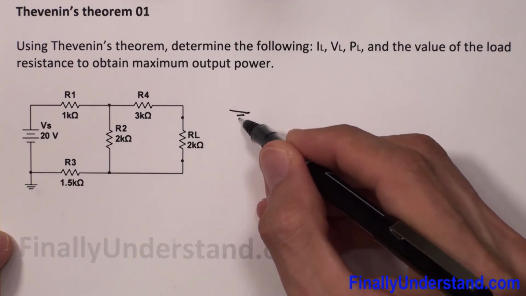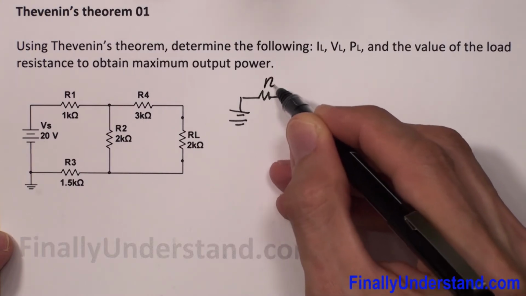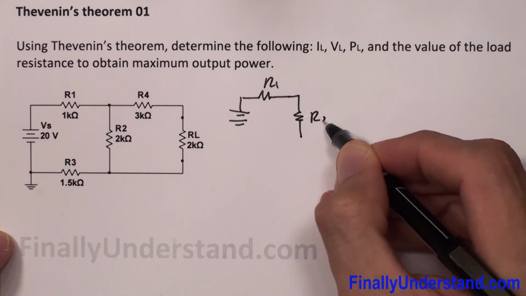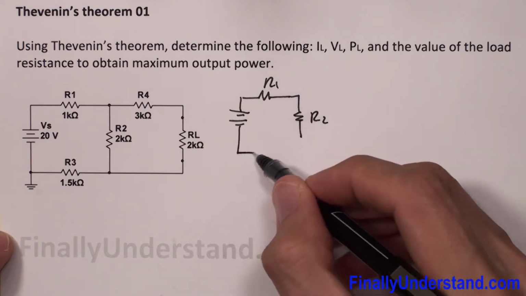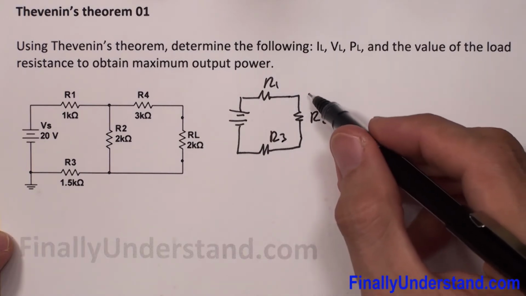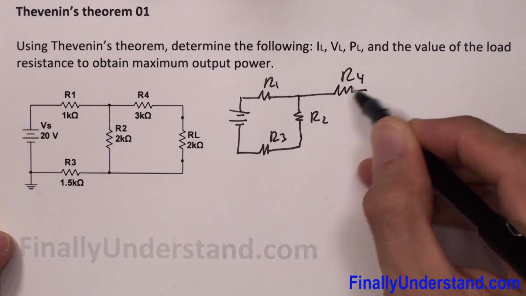I have a voltage source, and I'm going to have resistor R1, resistor R2, resistor R3 and resistor R4.